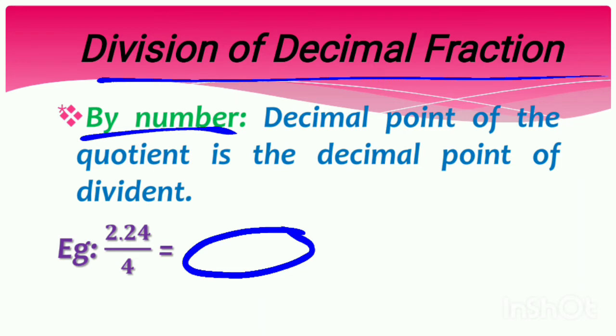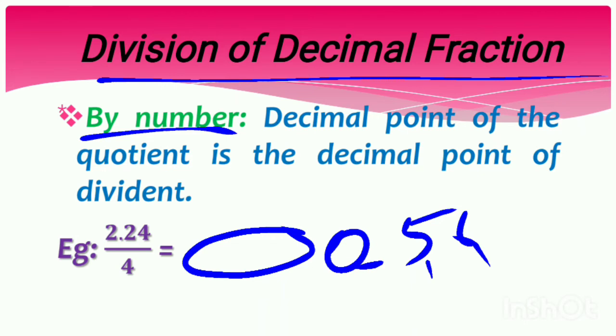What is the quotient here? 56 is the quotient when we divide 224 by 4. For keeping the decimal point, count the number of digits present after the decimal point in the numerator: 1, 2, right? We count from the left hand side, 1, 2, so the decimal point comes here: 0.56. Okay, good.